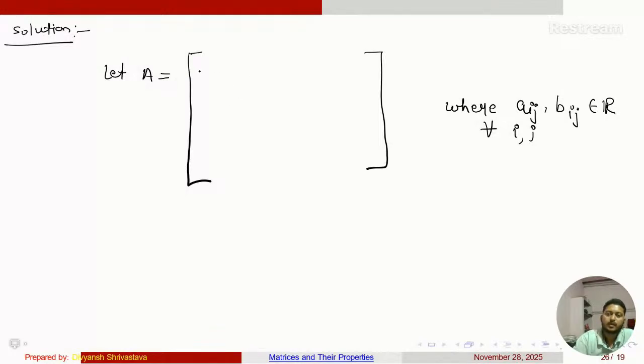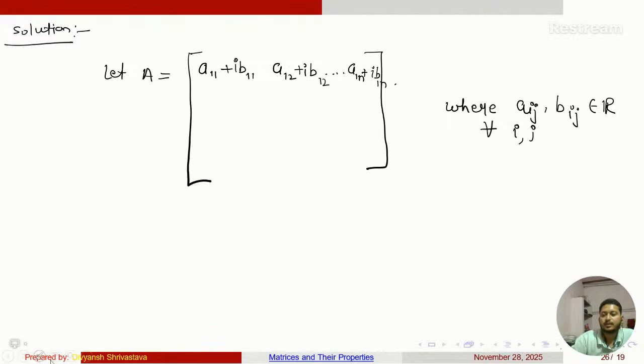Now take a matrix like this: a11 plus iota b11. These are the entries for complex numbers. The next is a12 plus iota b12, and this goes on to a1n plus iota b1n.